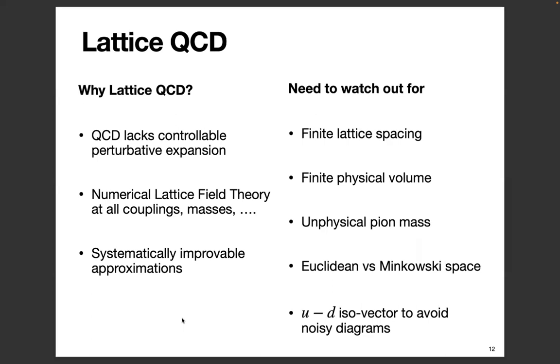Our ability to understand these Wick rotations from Euclidean space to Minkowski space was questionable at first for these PDFs, but after Raul and company helped explain some of these things, we now understand them. We can now do calculations quite cheaply at physical pion masses, but for historical reasons we keep doing runs at heavier pion masses because we have a bunch of configurations and they're a little cheaper to do calculations on. And then there are signal-to-noise problems, particularly if you're dealing with disconnected diagrams, which are required for isoscalar matrix elements.